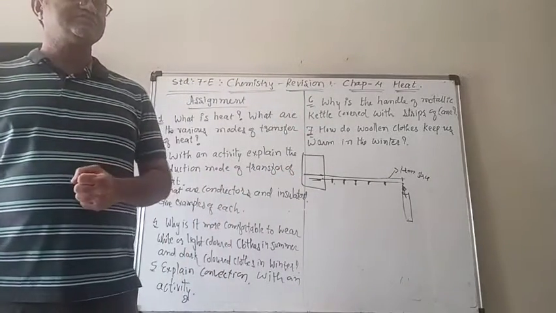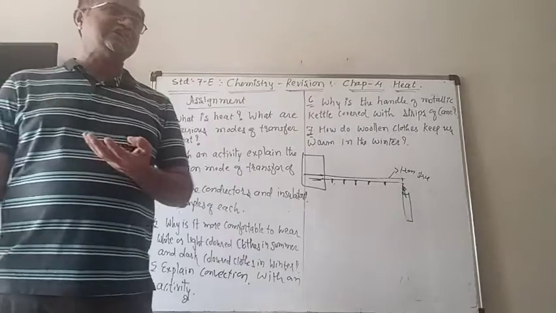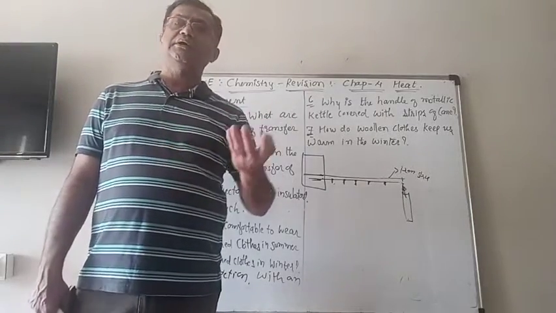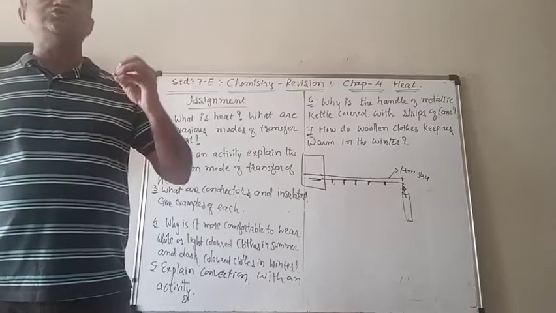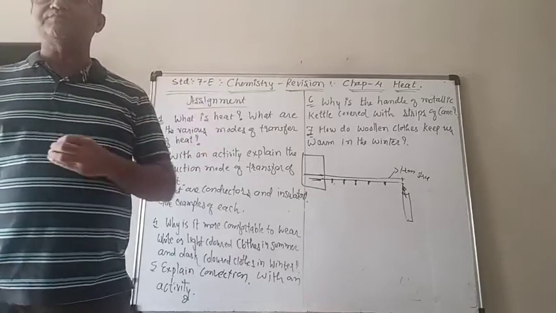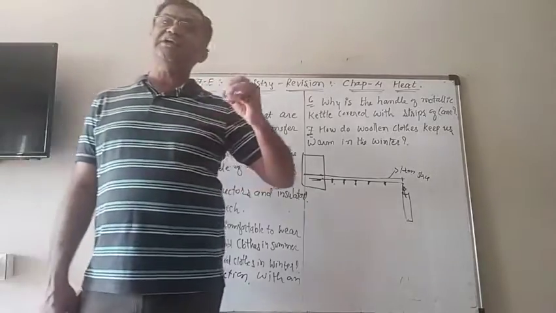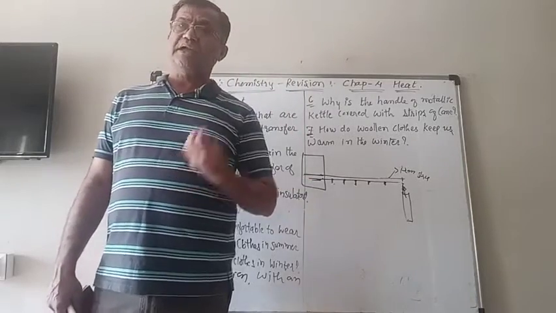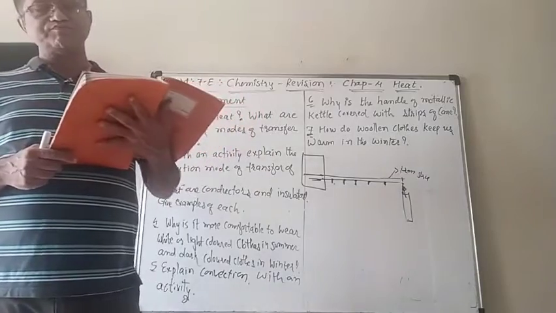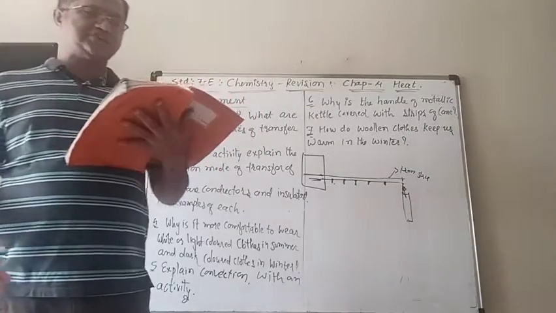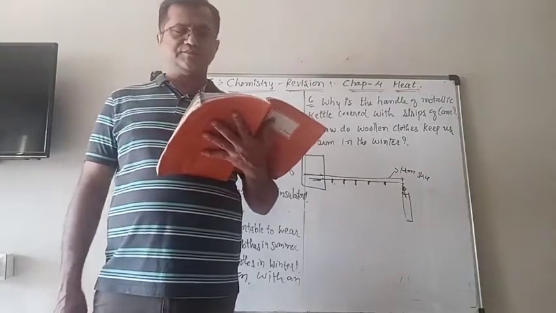And the others like rubber, plastic, wood, etc. are not allowing the heat to transfer through them easily. They are not getting hot so quickly, and therefore they are known as insulators. For example, plastic, wood, etc.